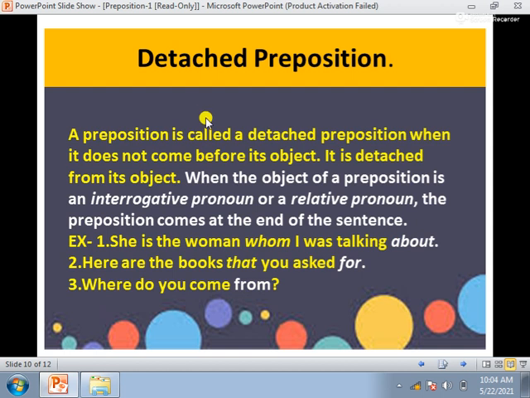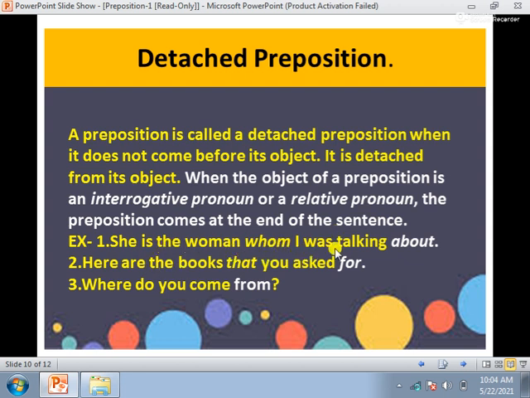Next one, that is the detached preposition. Detachment means that it has been divided. A preposition is called a detached preposition when it doesn't come before its object, it is detached from its object. When the object of a preposition is an interrogative pronoun or relative pronoun, these two things are important, the preposition comes at the end of the sentence.